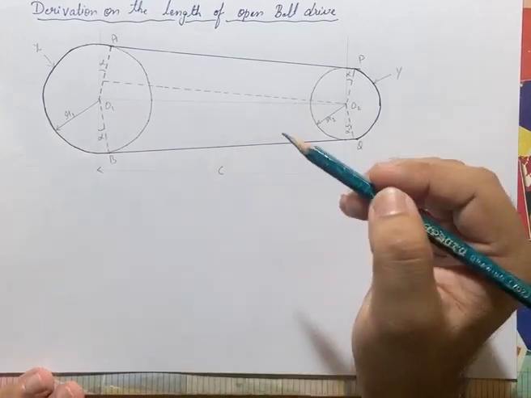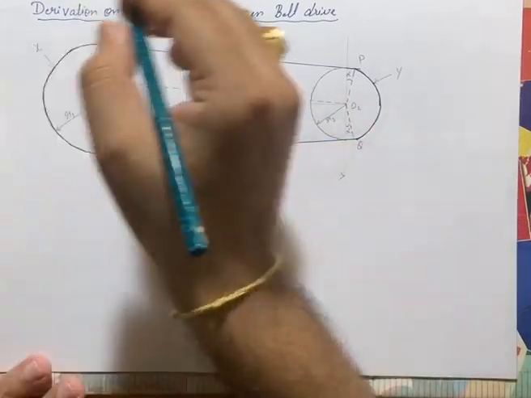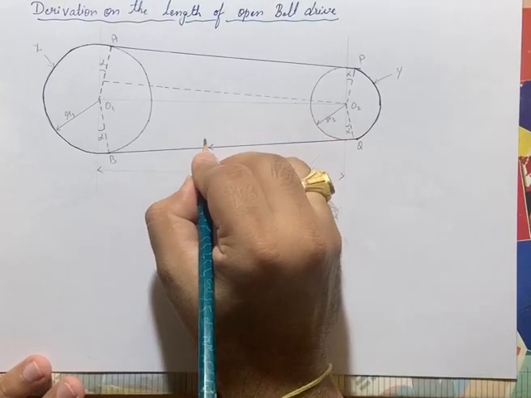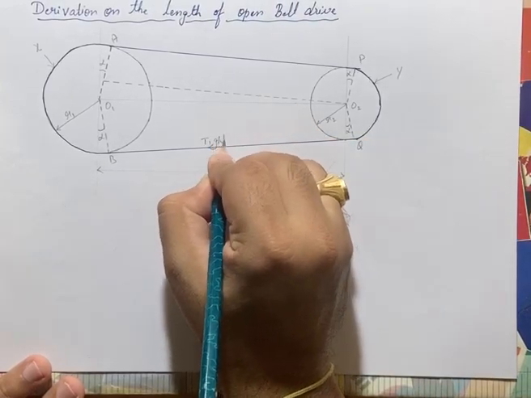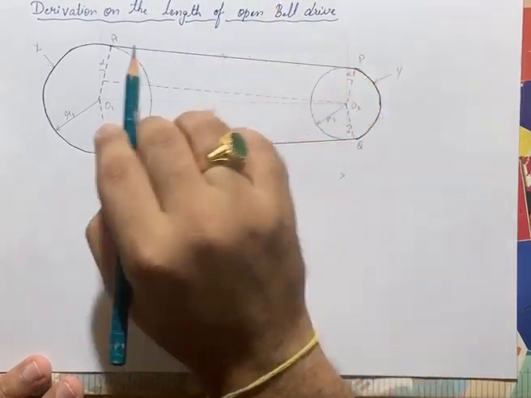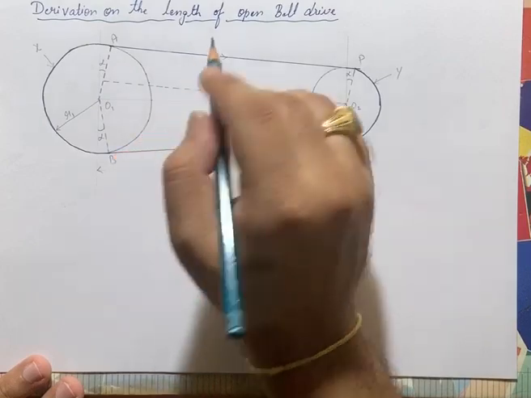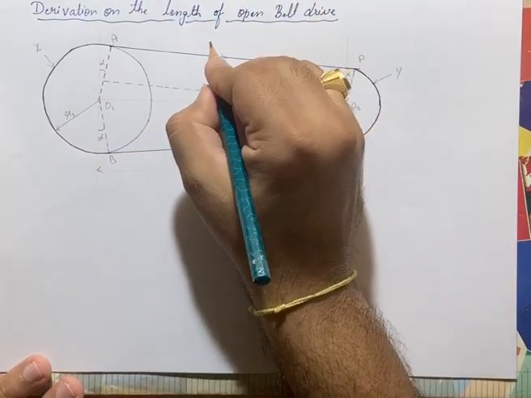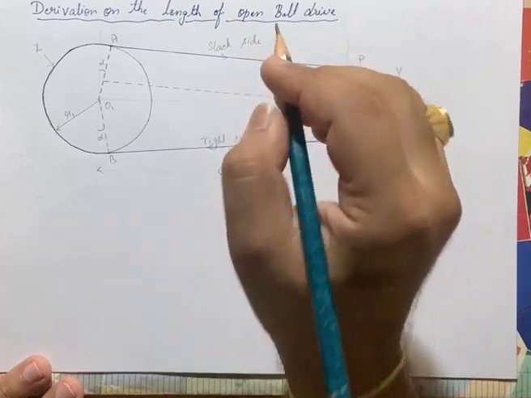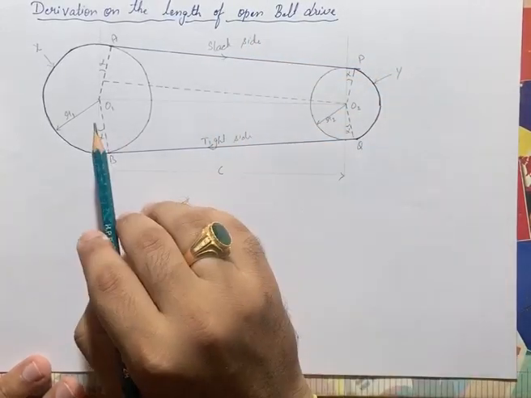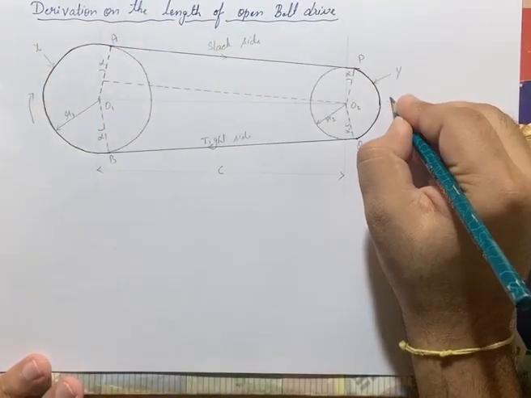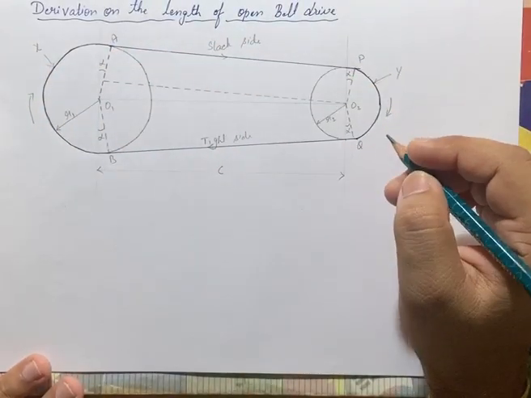Now the pulley is rotating in the clockwise direction, so this becomes the tight side. The belt is leaving the driver pulley, and on the other side it becomes the slack side. Tight side means the driver pulley is rotating clockwise, and this driven pulley also rotates clockwise.